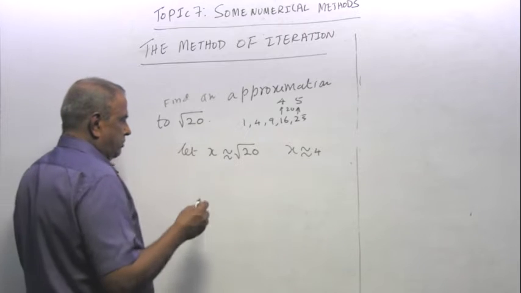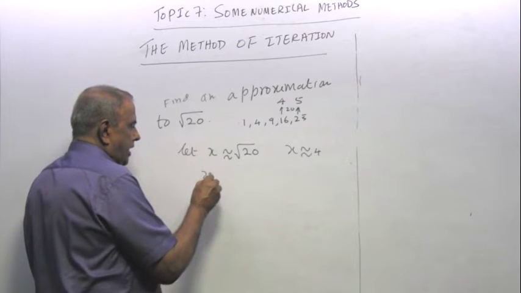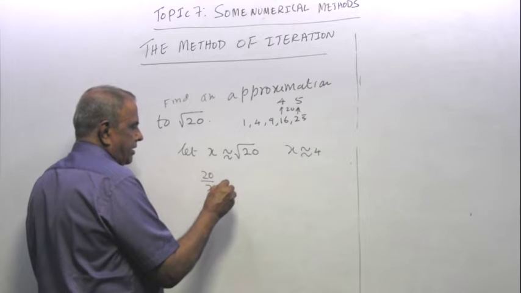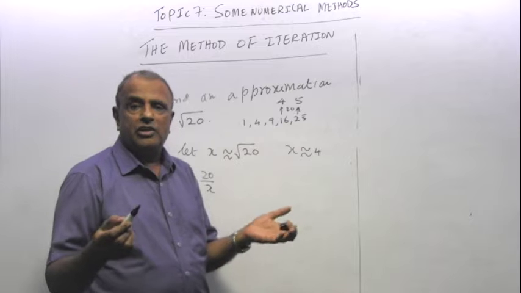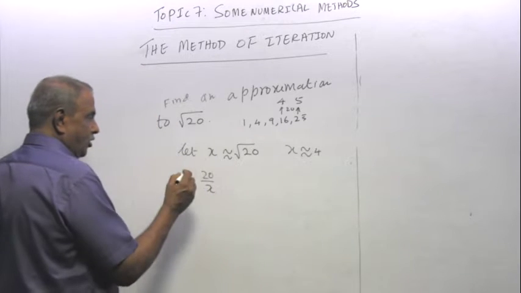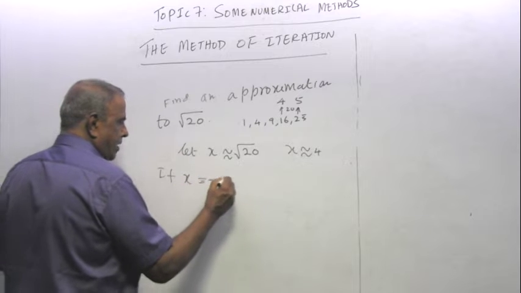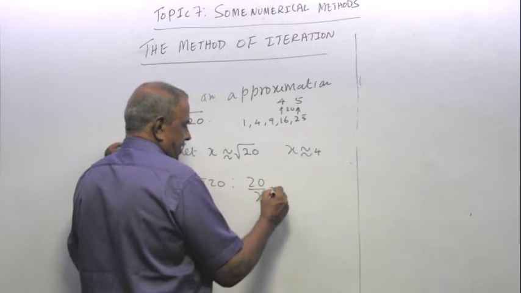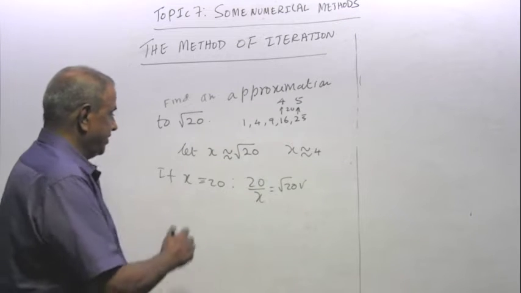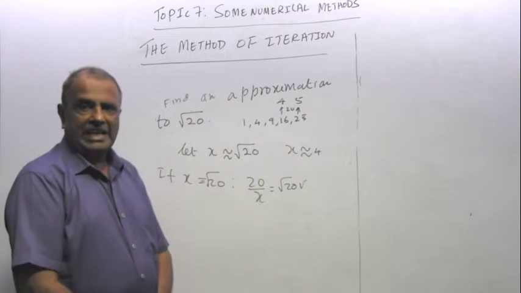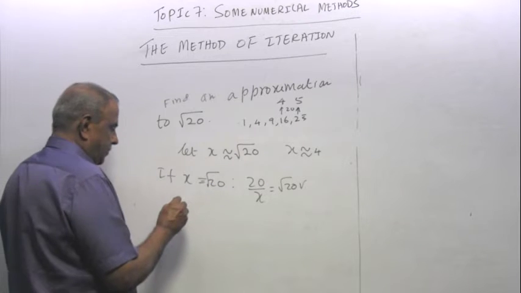Now, if x were equal to root 20, what would 20 over x be? Root 20. But x is not exactly equal to root 20, because there is no exact value.